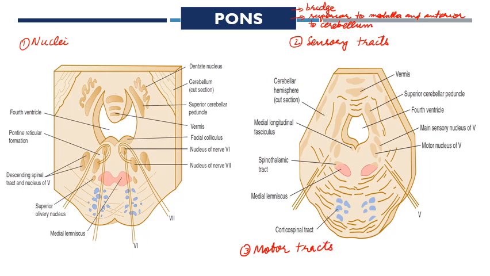Along the midline of the pons are the raphe nuclei.